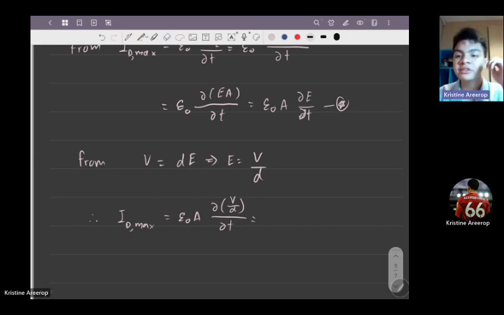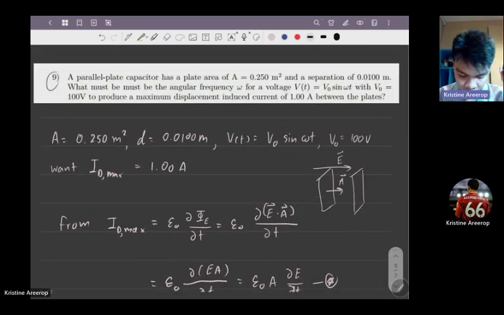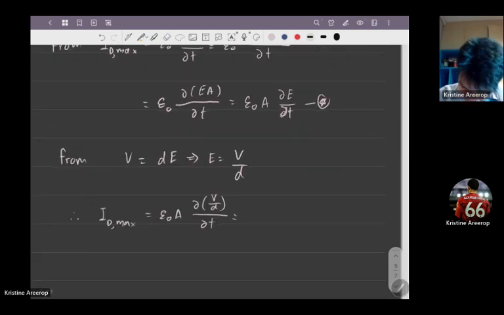But d is a constant value equal to 0.0100 meter. That means I_d max equals epsilon 0 A by d multiplied by the partial derivative of V by dt.